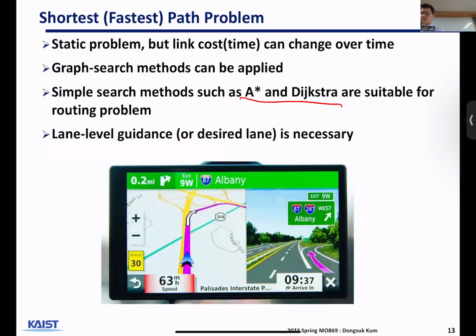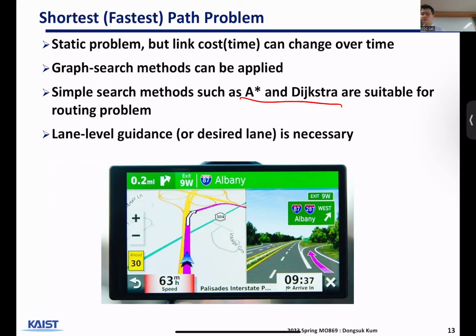That's the tricky part when it comes to finding the solution. Graph search methods can be applied, and we'll talk more about them in the following lectures as well. Like I said, A* and Dijkstra are quite suitable for these types of routing problems.